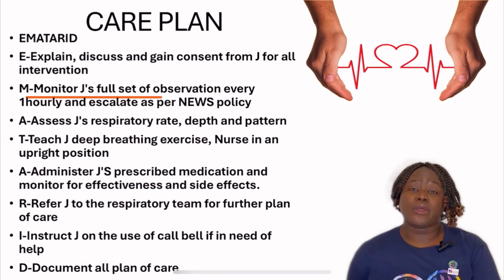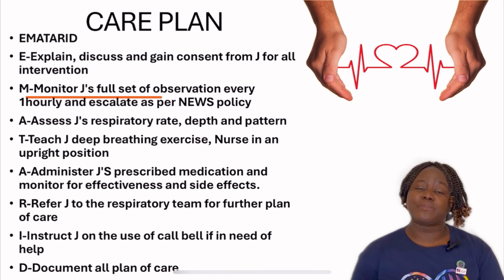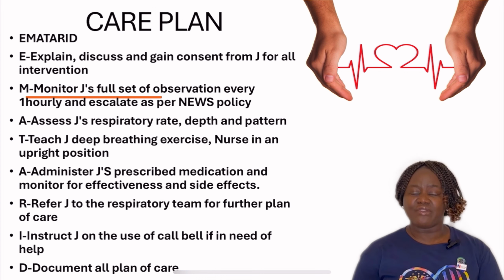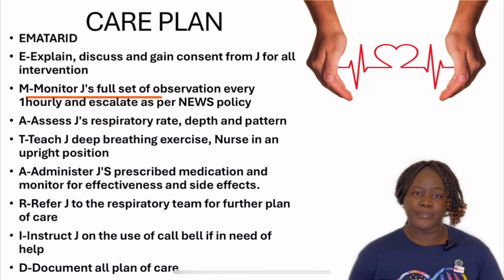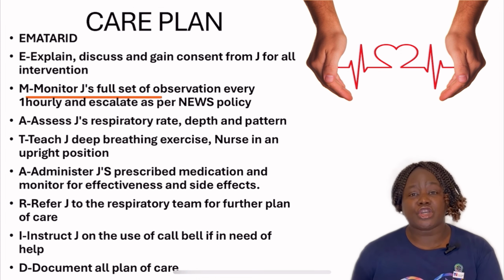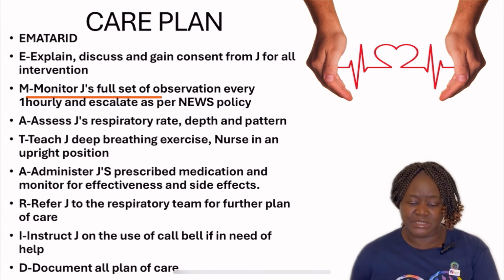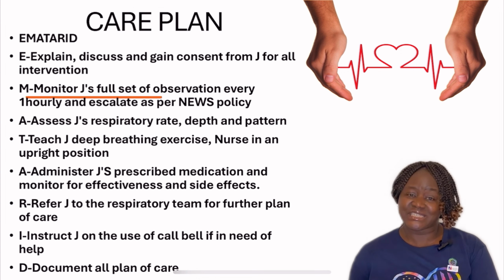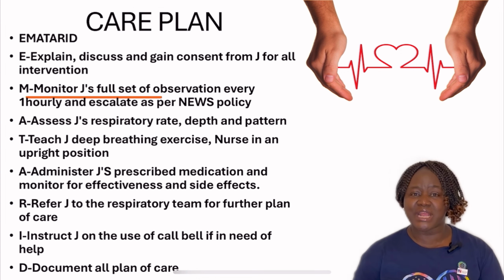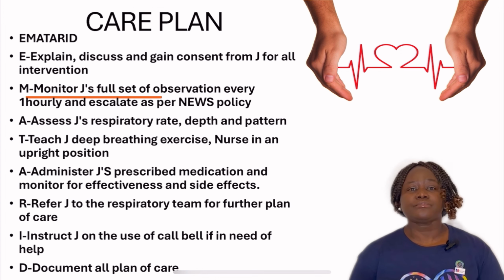We want to follow a mnemonic to make it simple. E: Explain, gain consent from James for all aspects of care. Then M, monitor James's full set of observations and escalate as per NEWS policy. Assess James's respiratory rate, depth, and pattern.